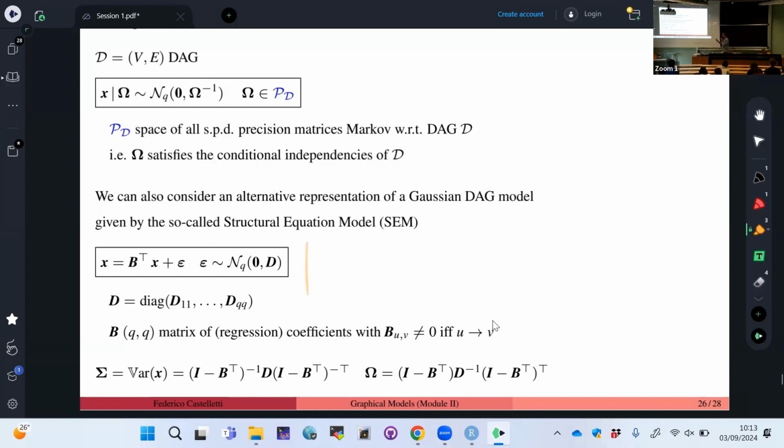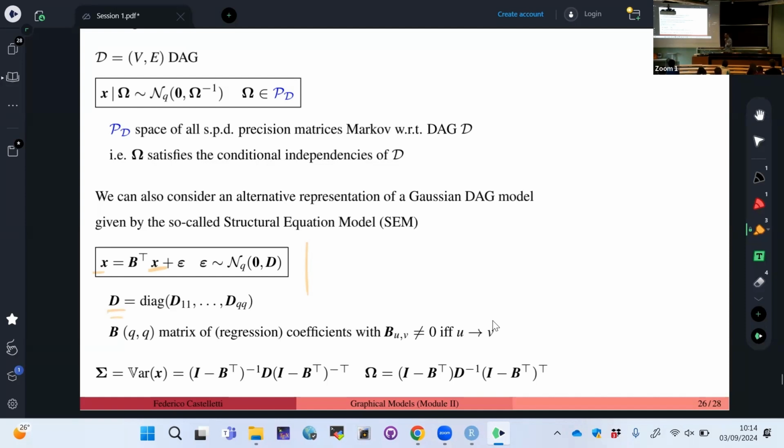So we write X, which is our q×1 vector, equal to a matrix B prime, which is a q×q matrix of something like regression coefficients, times X, our q×1 vector again, plus an error term, which is a vector, again, and which is multivariate normal, 0, D. The components of this error vector are independent because we ask D to be diagonal with entries D11, ..., Dqq, the diagonal entries of this matrix here.